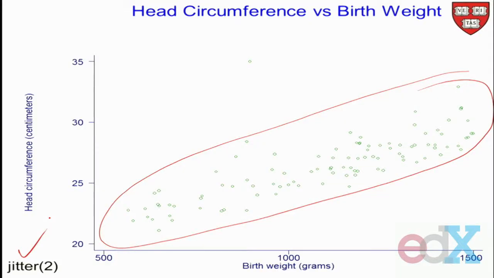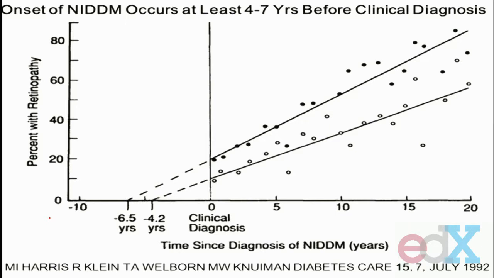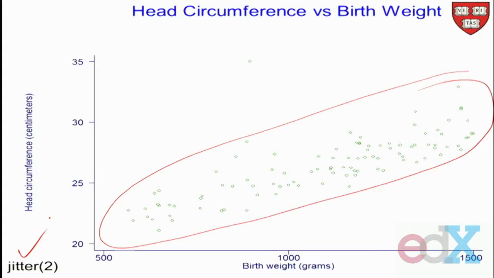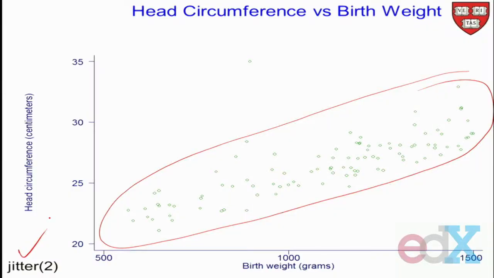And so rather than get a picture that looks like this, where it looks like you don't have too many observations, you ask Stata to jitter. So there it is. It's not jotter, it's jitter. What it does is it jitters the observations just a smidgen, so that they don't lie on top of each other and look like one. They separate so you can see that there are 2 or 3 or 4 falling on that point. Anyway, this is a better reflection of what's really going on, how many observations you have. And this looks pretty linear.